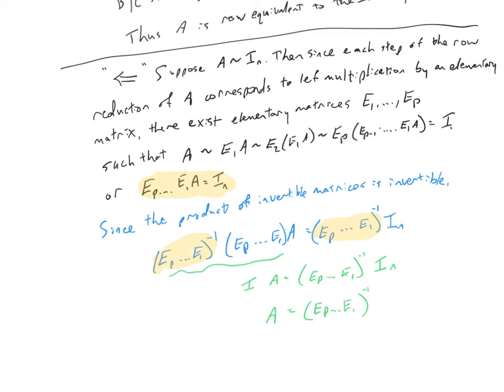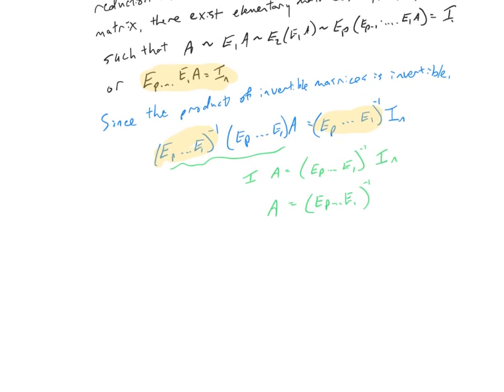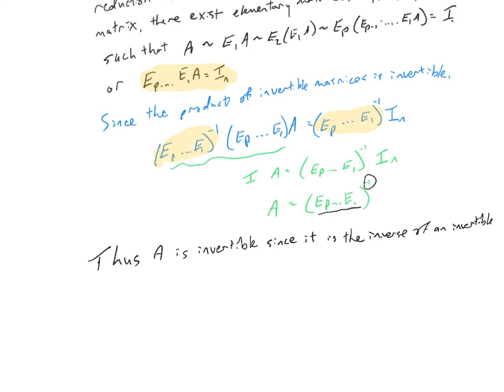All right, so let's try to draw this to some sort of conclusion here. If I haven't lost you yet, hopefully. So we're going to say thus, A is invertible. A is invertible since, I can spell today, since it is the inverse of an invertible matrix. So notice this matrix, that product is invertible, so A is invertible, the inverse of an invertible matrix.